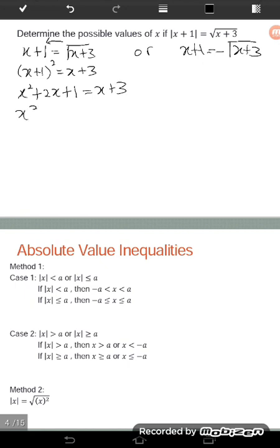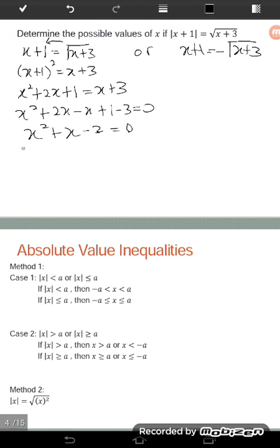Okay, so next x square plus 2x minus x plus 1 minus 3 equal to 0. Okay, so x square plus 2x minus 1 is x, positive 1 minus 3 is minus 2 equal to 0.